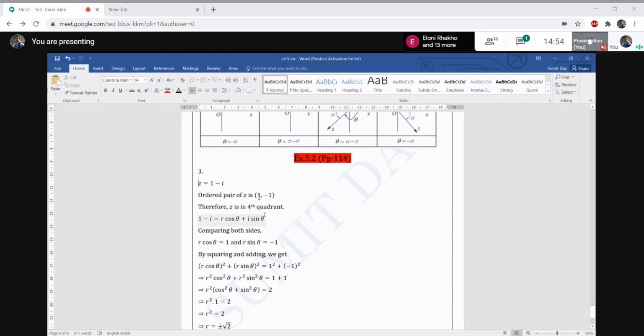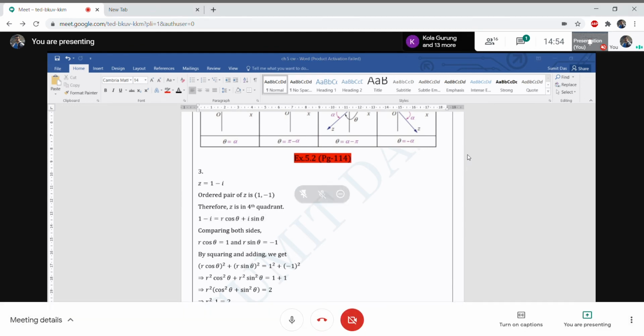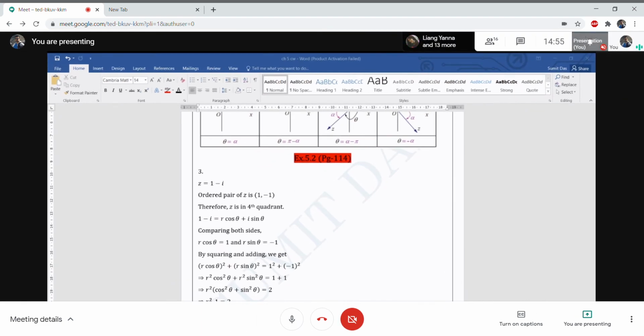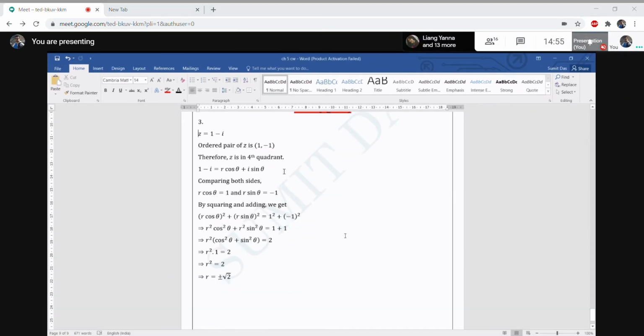Okay, after finding that, you write down this one is equal to r cos theta and i r sin theta. So then comparing both, we can compare the real part with real and imaginary part with imaginary part. Okay, so we got r sin theta equal to how much and r cos theta equal to how much.